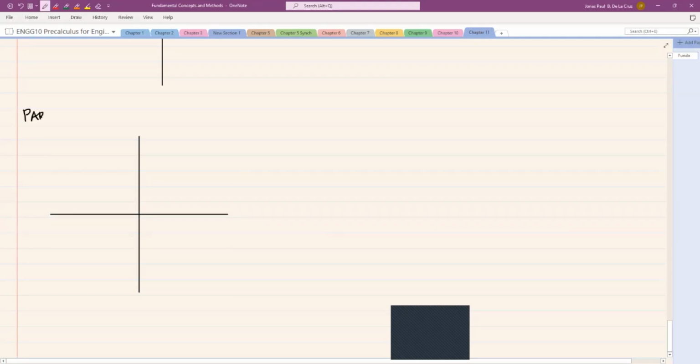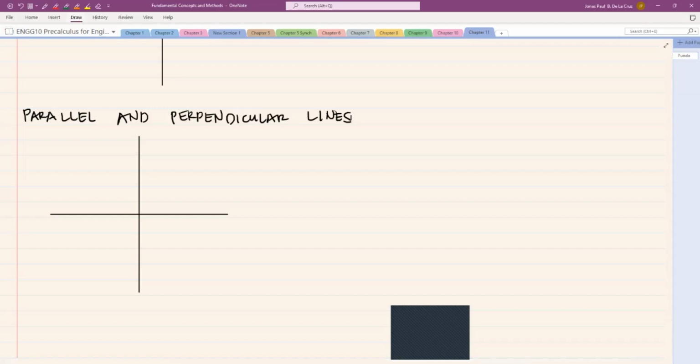Parallel and perpendicular lines. Okay, so parallel lines are lines with the same inclination or with the same slope. Di ba?